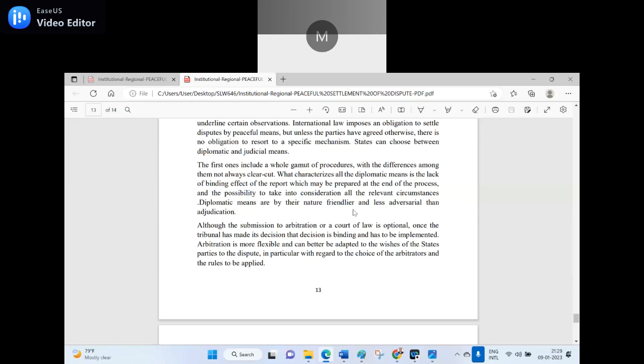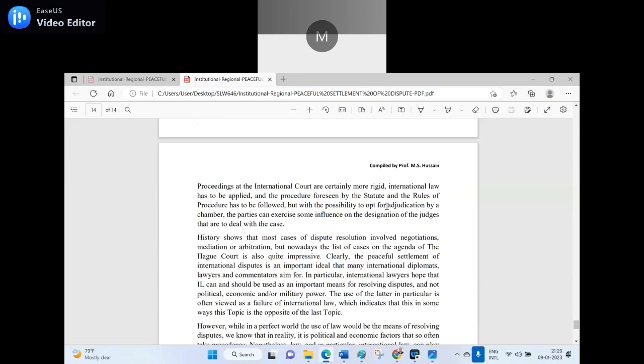So arbitration is more flexible and can better be adapted to the wishes of the states or parties to the dispute, in particular with regard to the choice of the arbitrators and the rules to be applied. You can adopt any method, but see that an amicable solution comes out between the parties.